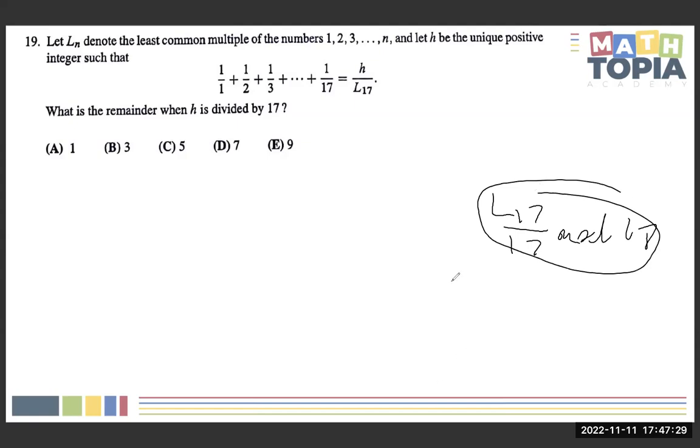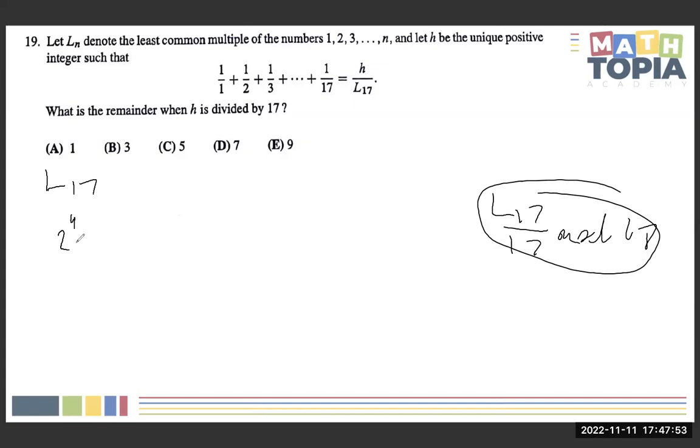Well, now we have to find L17. But that's a much easier process than it sounds like. Let's just do the process and I'll show you how to find it the quickest way. For 2, what is the power of 2 that needs to be in L17?